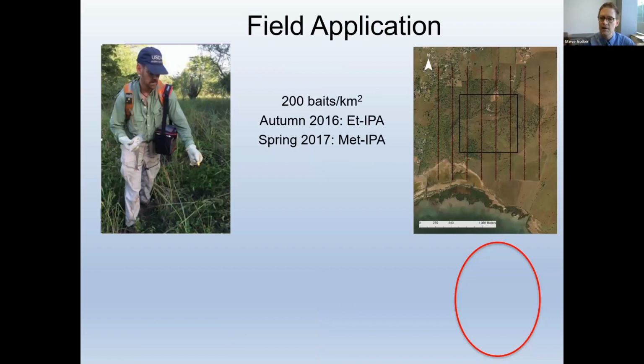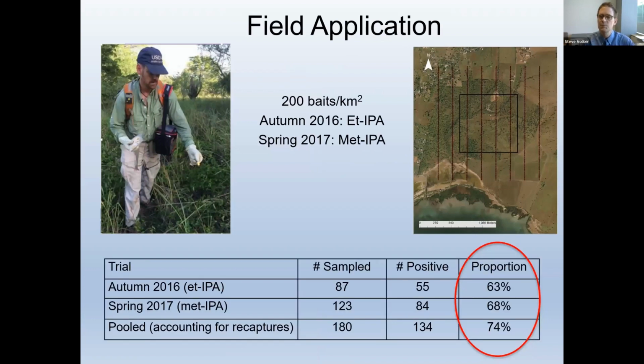In the autumn of 2016 and the spring of 2017, we conducted trials in southwestern Puerto Rico, where we delivered placebo oral rabies vaccine baits with iophenoxic acid across a large area at an application rate of 200 baits per square kilometer. In the autumn 2016 trial, we used ethyl IPA, and in the spring of 2017, we used methyl IPA.